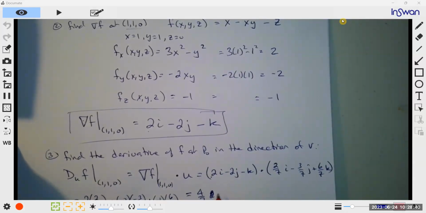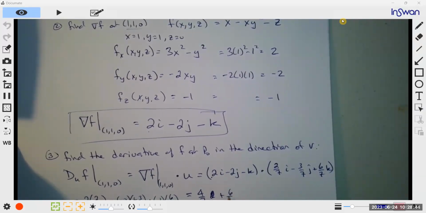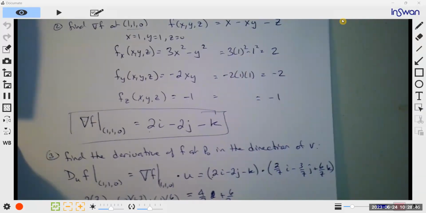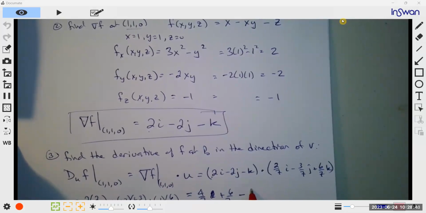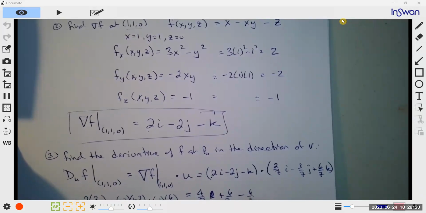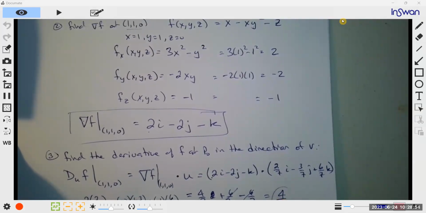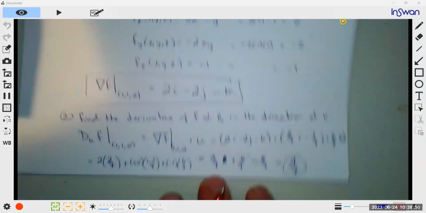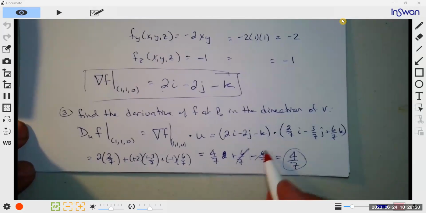That equals 4 over 7 minus 6 over 7 minus 6 over 7. So that's A.